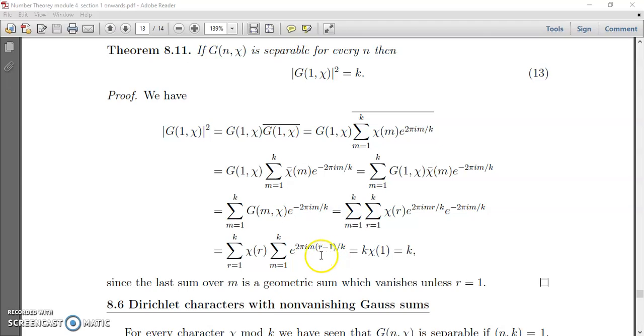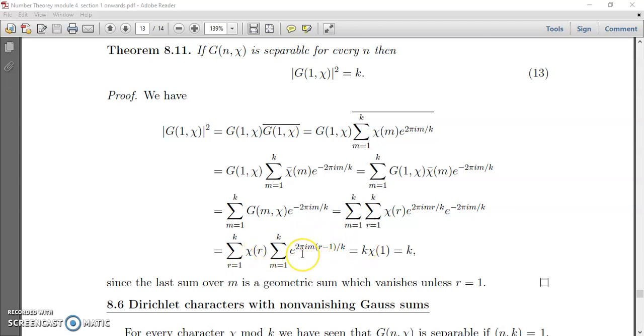So k divides r minus 1 is the only possibility, and in that case r becomes 1, because r minus 1 is 0.